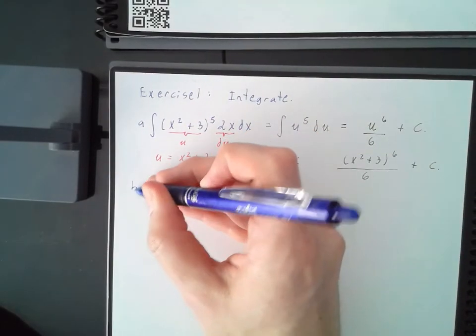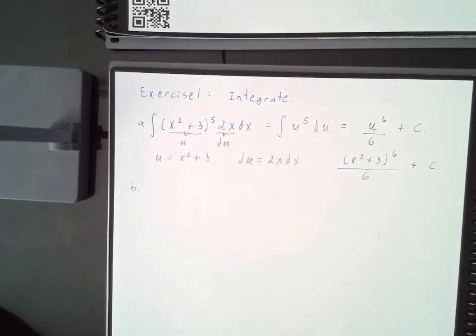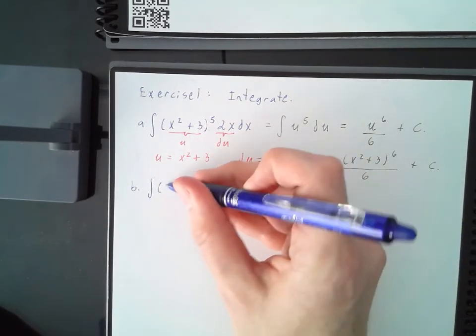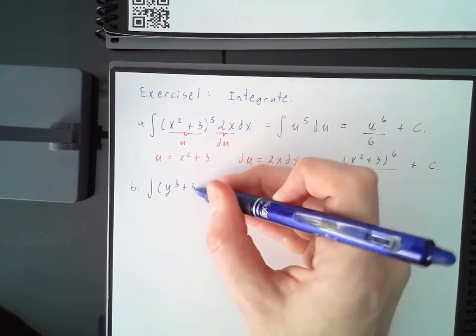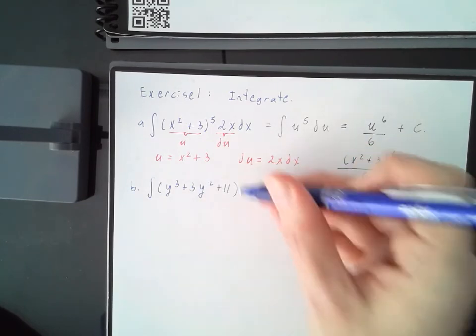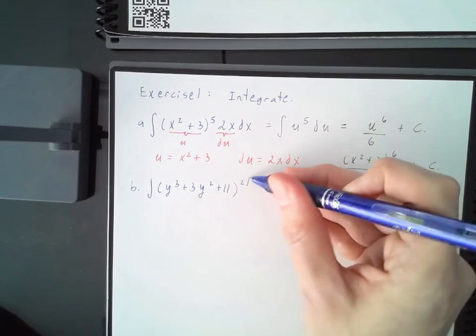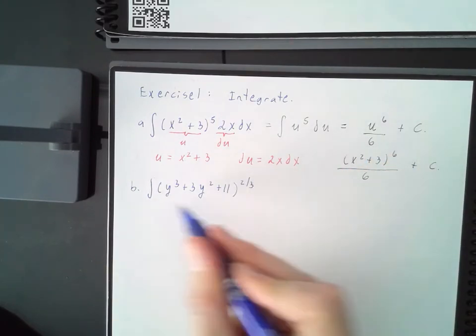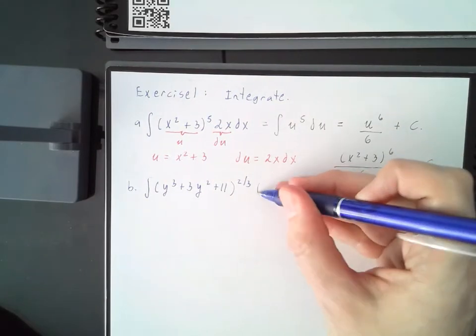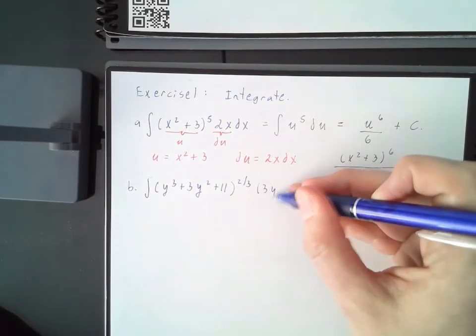And in this problem, the substitution rule is the only way to integrate this function, because now we're going to integrate a function that has a fractionary power. So all of this expression is elevated to the 2/3, and we really can't expand that fraction.